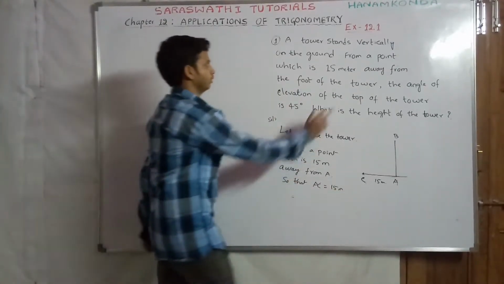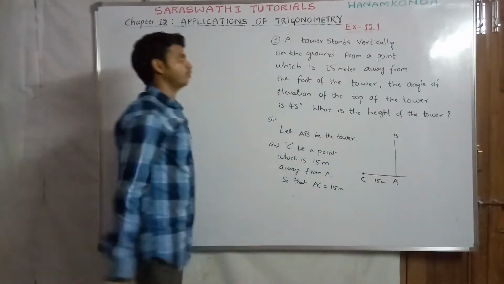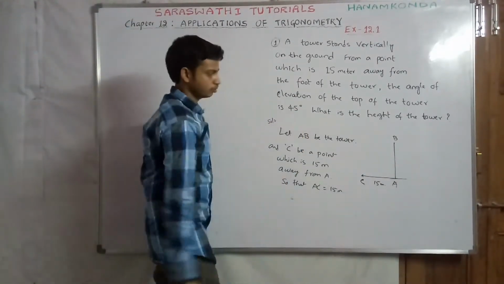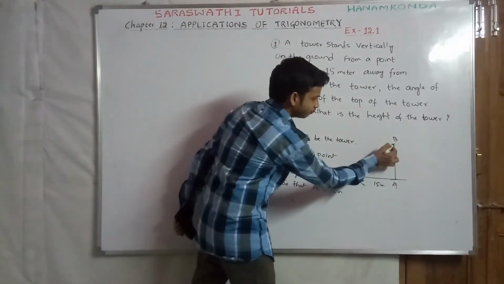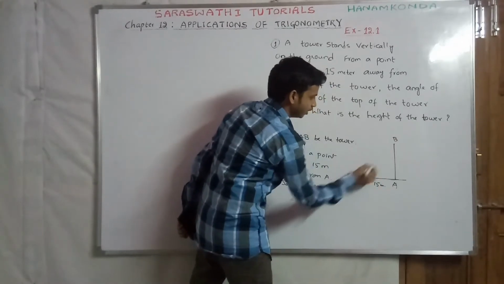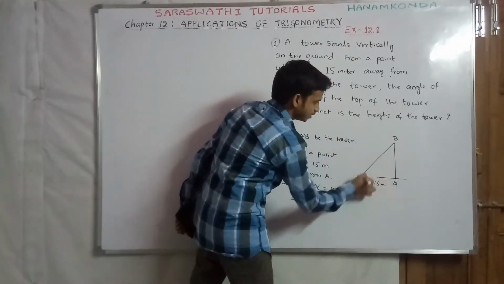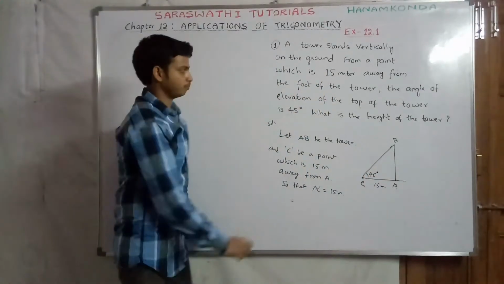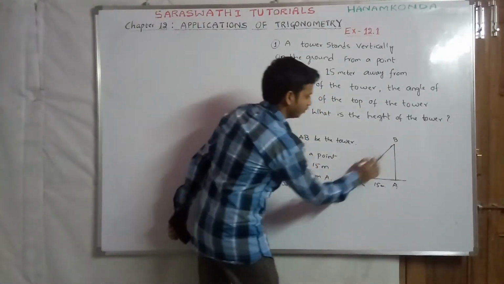From a point which is 15 meters away from the foot of the tower, the angle of elevation of the top of the tower is 45 degrees. It is given. That means angle ACB equals 45 degrees. So from this point C, the angle of elevation is 45 degrees.